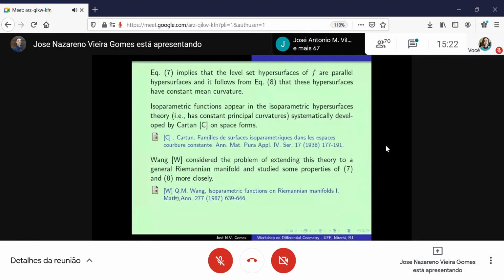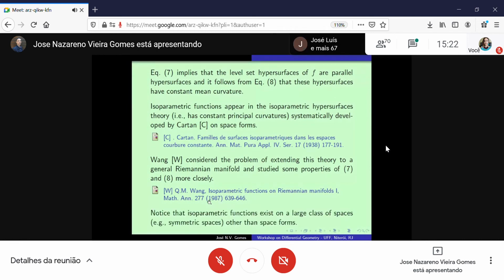This is a very interesting paper. Notice that isoparametric functions exist on a large class of spaces, for example, symmetric spaces other than space forms.